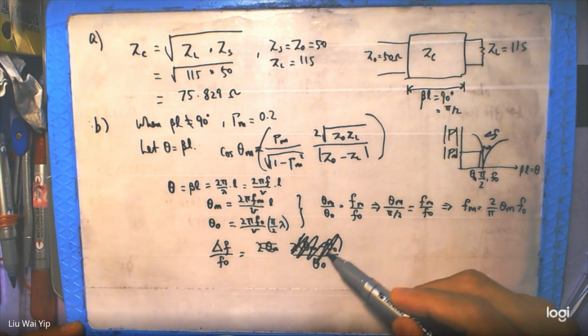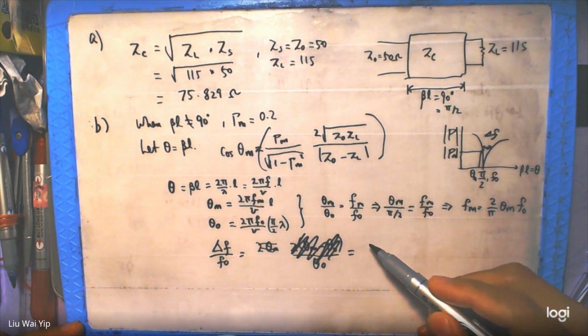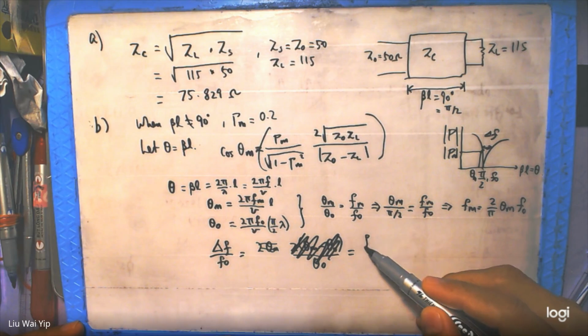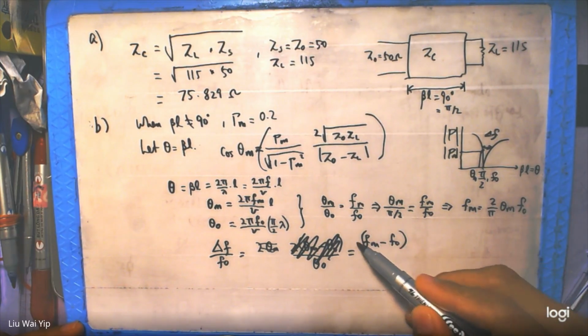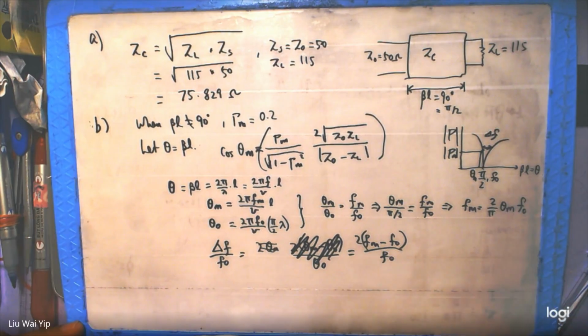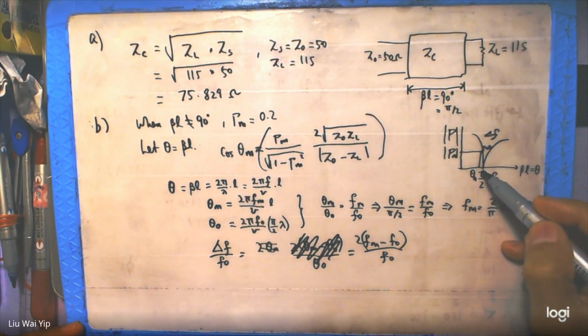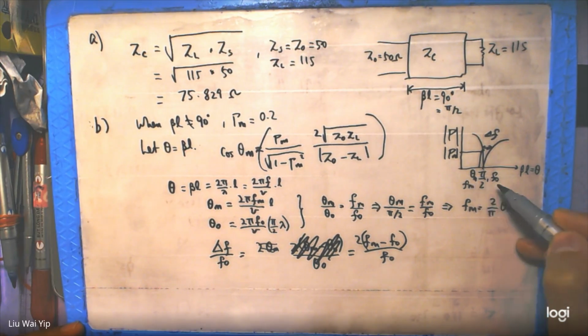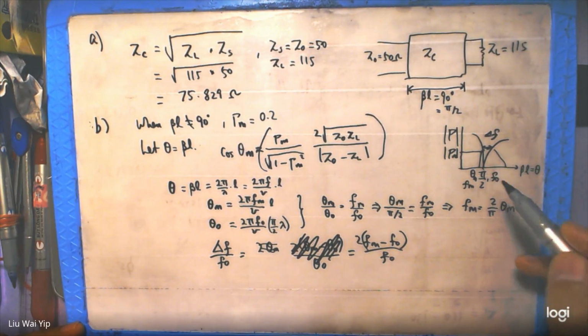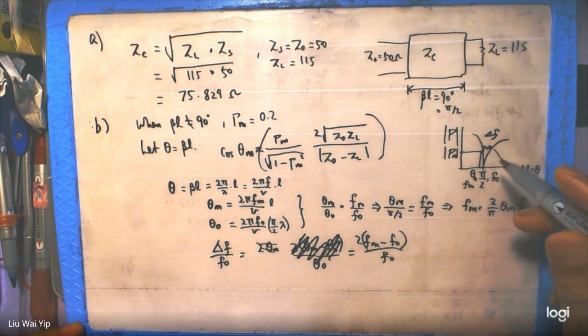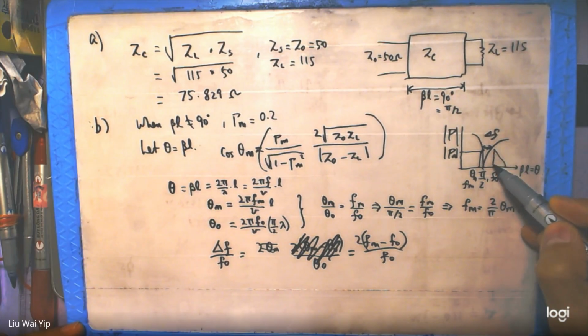It's better for me to use a different way to express it. It should be beta M minus beta naught, times 2, divided by F naught. So this is the fractional bandwidth. Imagine, this is Fm and this is F naught and this is the other, F naught times 2.